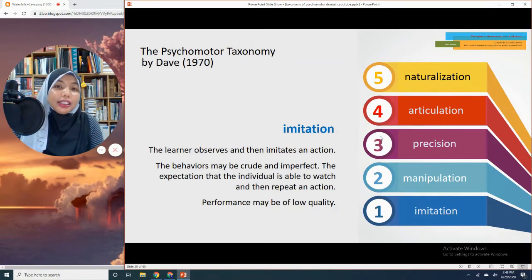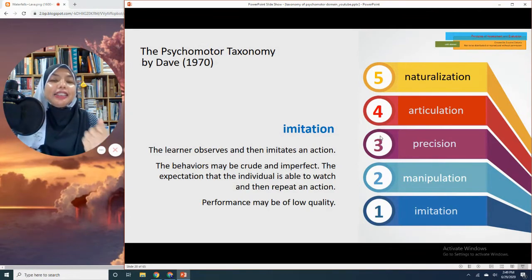So art teachers, physical and health education teachers, even language teachers, science teachers, all teachers, when you teach skills, remember that the first thing you need to do when you are teaching new skills to your students is to show these skills.